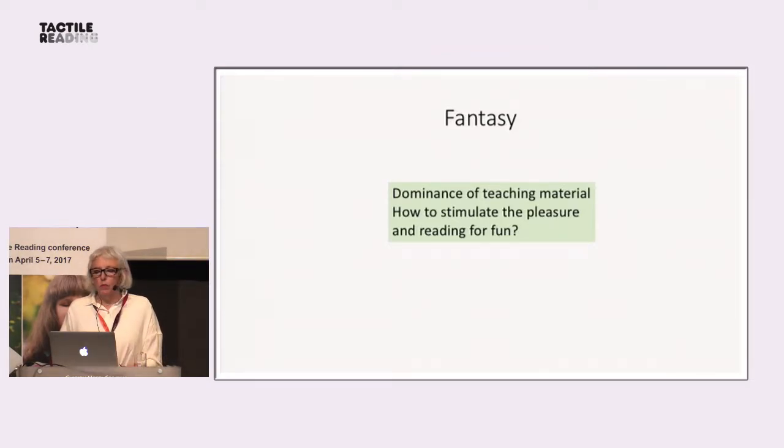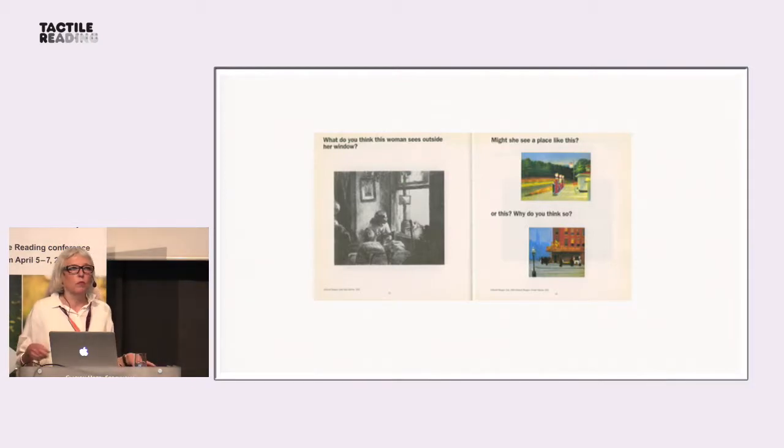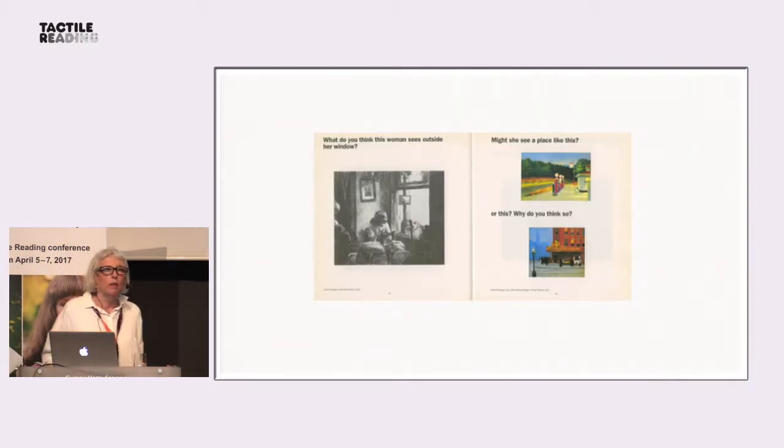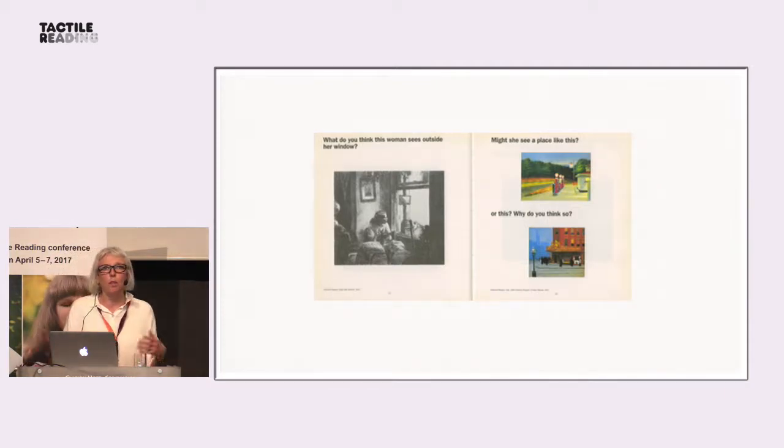When we come to sighted children, they often learn how to look and what to look for, of course, in the same way as we have to teach blind children how to look and how to explore a picture, but it's often very much in a playful way. And I'm sorry for the quality here, but I will tell you.